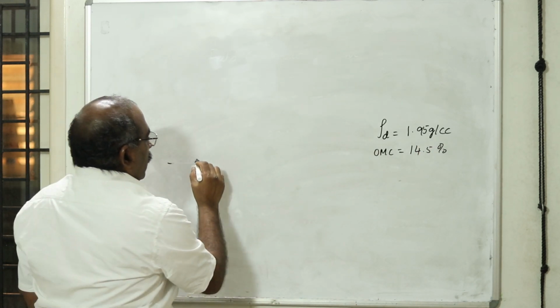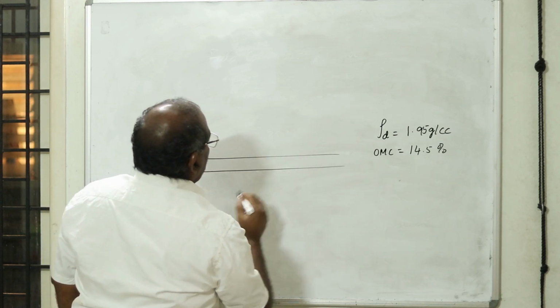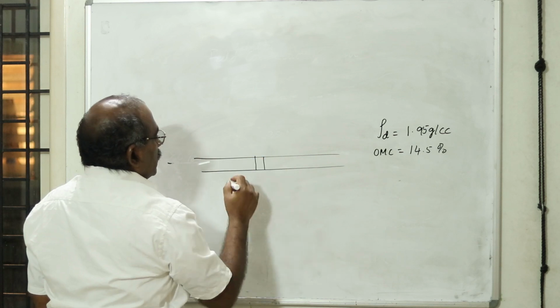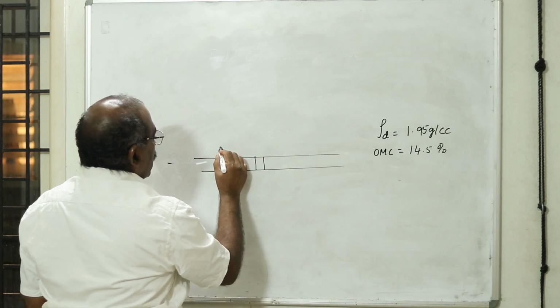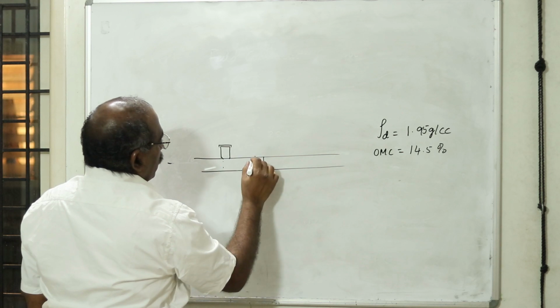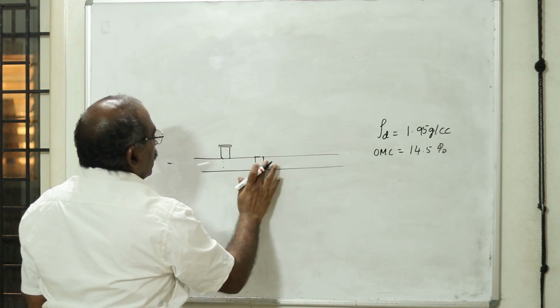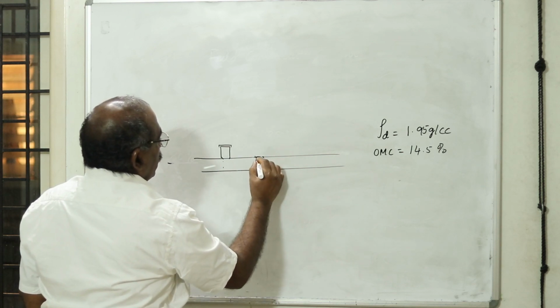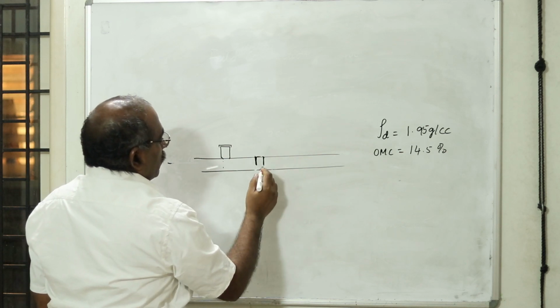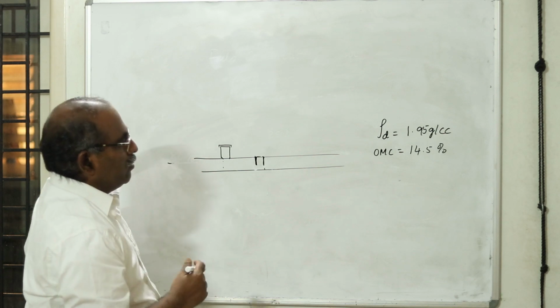Now when I compact this one layer, you need to find out what is the density achieved. Therefore, I usually drive a core using a core cutter, which you already studied in your laboratory. When you drive a core, you will get this soil sample. It may not be for the complete depth, it may be for only a small depth. Now you remove the core and see what is the mass occupied, and you can find out the density.